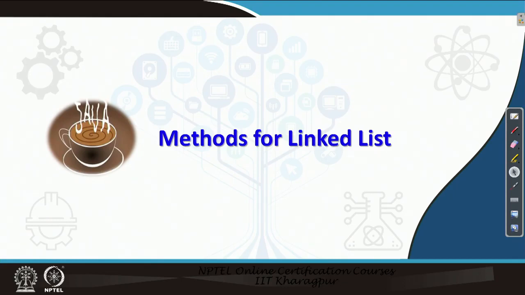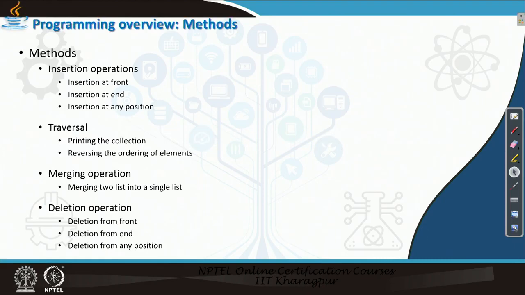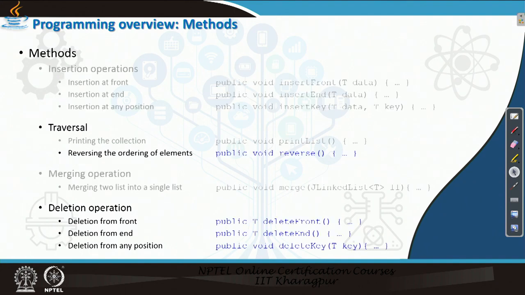Now, let us come to the linked list structure again. So, we will discuss how a few other methods related to deletion can be covered here. Today's methods related to deletions are three different methods regarding three different cases. Like deletion at front, we declare this method as delete front.